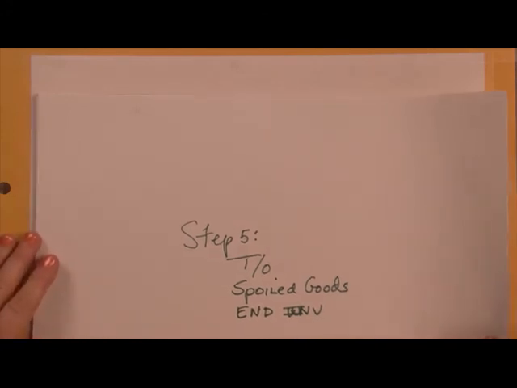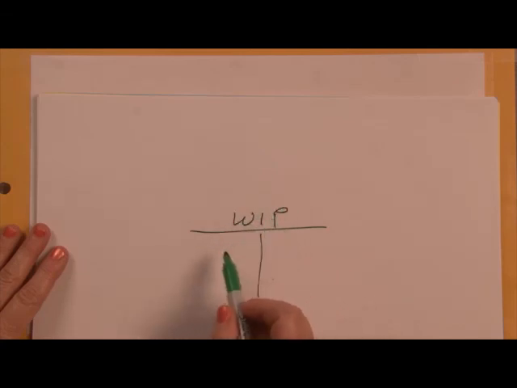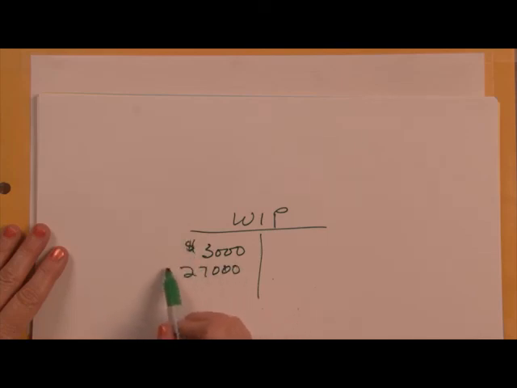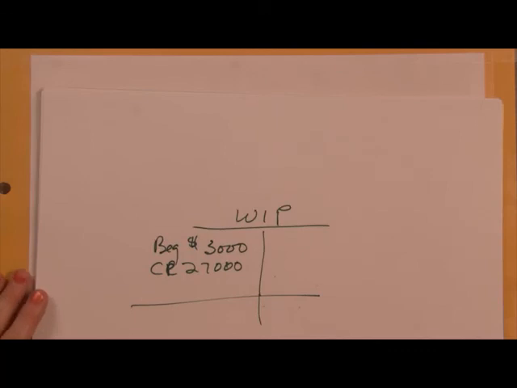So let me draw for you the T account that would represent the example we use for spoiled units. We had beginning cost, we had current cost for the period, which added up to $30,000.